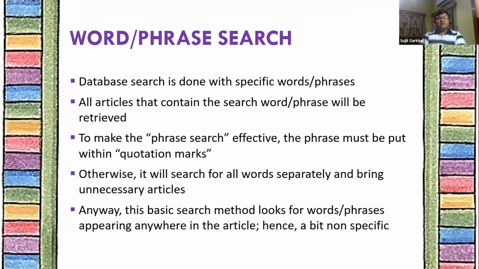A problem with this basic search method is it looks for words and phrases appearing anywhere in the article. So sometimes major depressive disorder may be appearing at places where it may not be relevant for your search. So it is a little non-specific in nature, but if you put it within quotation marks, it will give some amount of specificity.